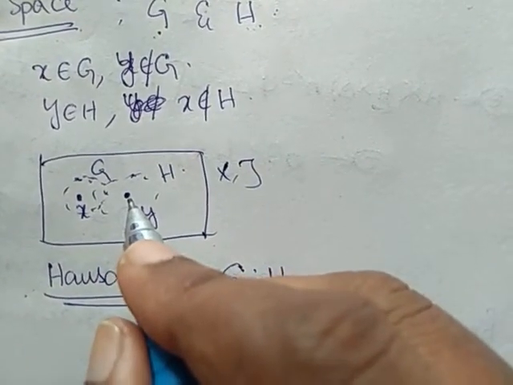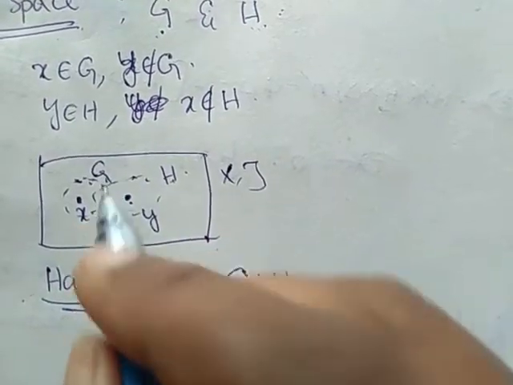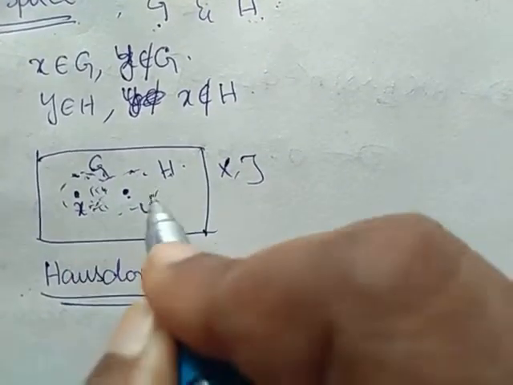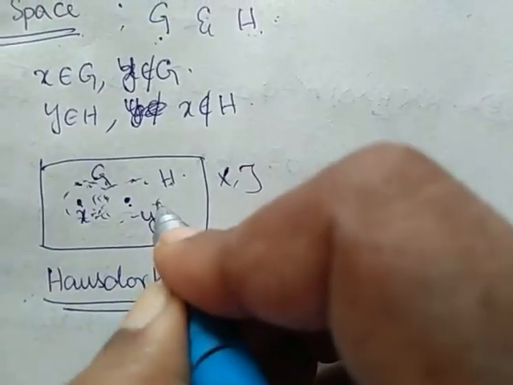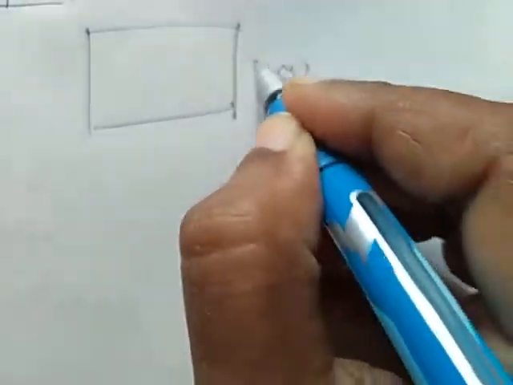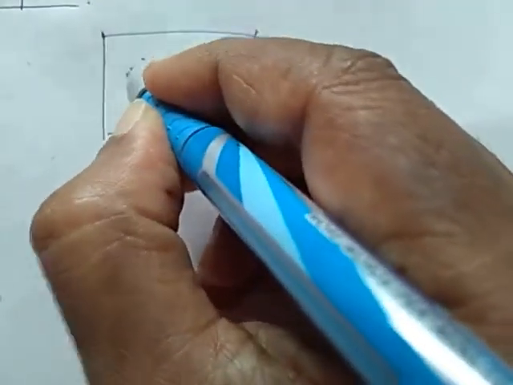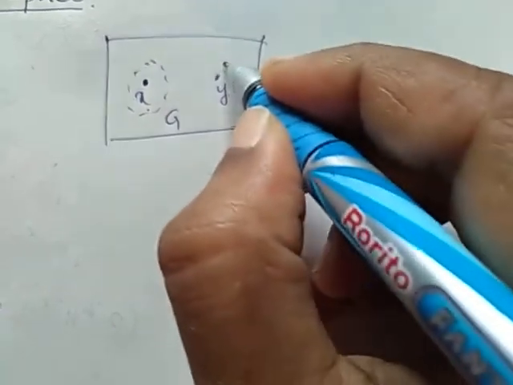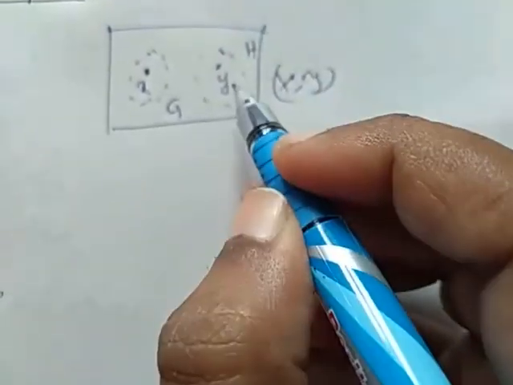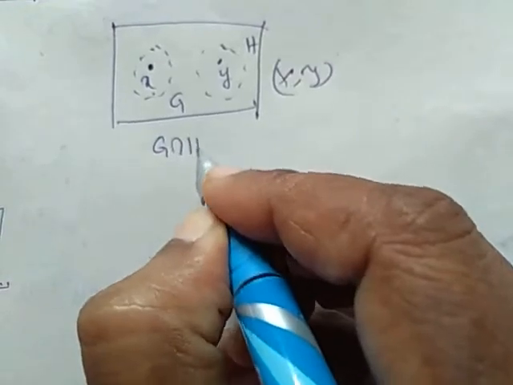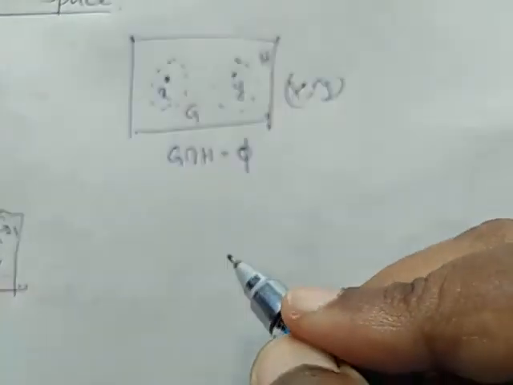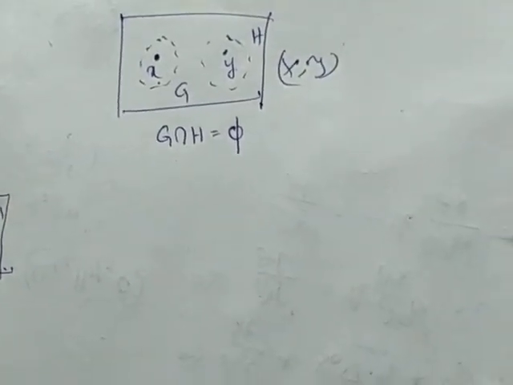In T1 space there is no condition that G and H should be disjoint; they may have common elements, but x should not belong to H and y should not belong to G. So in T2 space (X, tau), there exist two distinct points x and y such that there exists an open set G which contains x and an open set H which contains y such that G intersection H is the null set. It means G and H are disjoint.